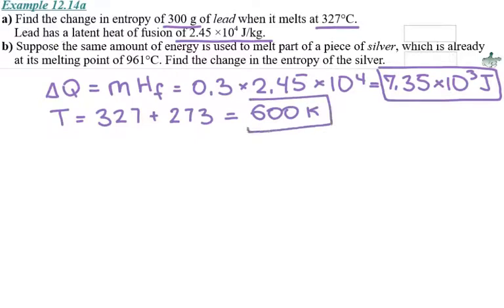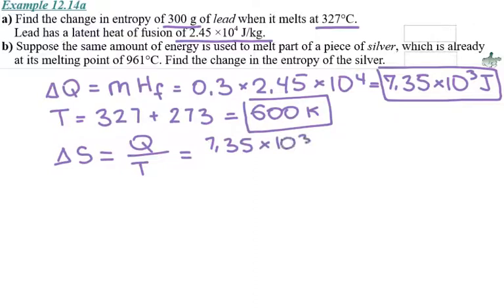Now I can substitute the quantities into my formula. The entropy change equals the heat added into the system over the temperature at which the process was happening, which is 7.35 times 10 to the 3rd divided by 600. That gives me 12.3, measured in joules per Kelvin.